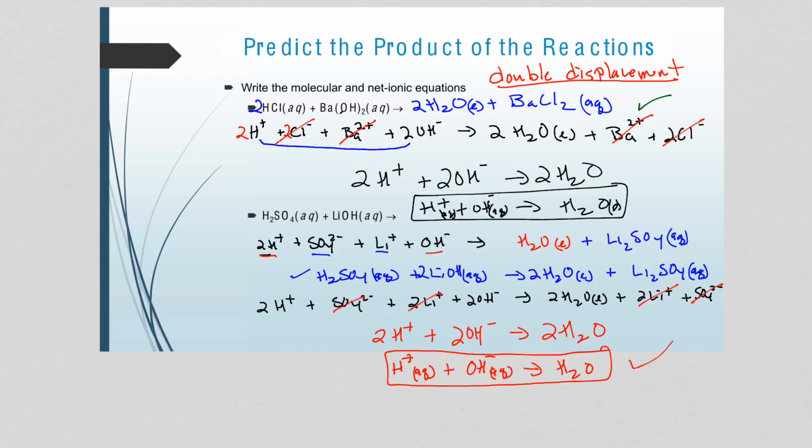And so we start to see these patterns. They can help us simplify things. It's pretty easy to understand that an acid-base neutralization will always have the same net ionic equation: the hydrogen ions from the acid reacting with the hydroxide ions from the base to neutralize and form water.